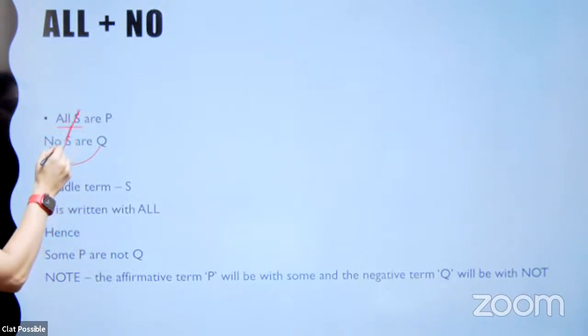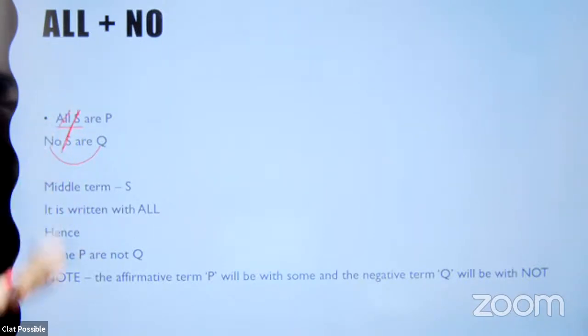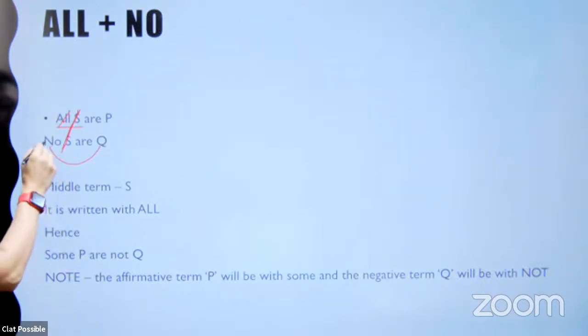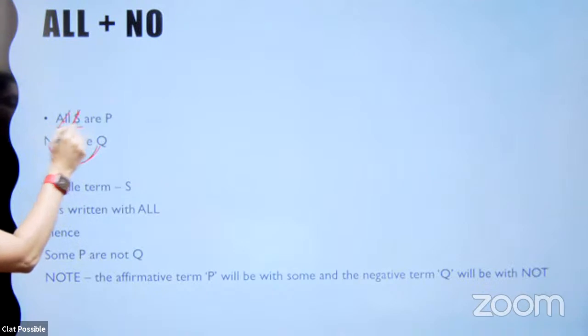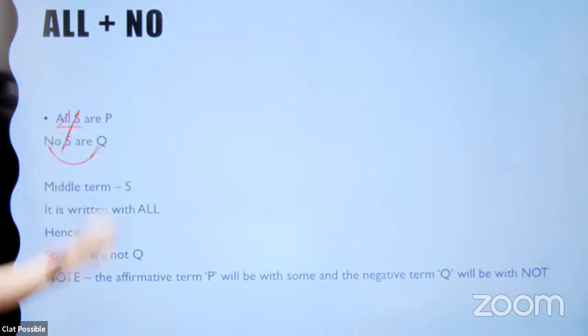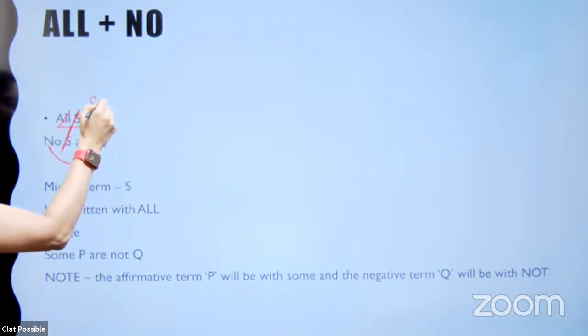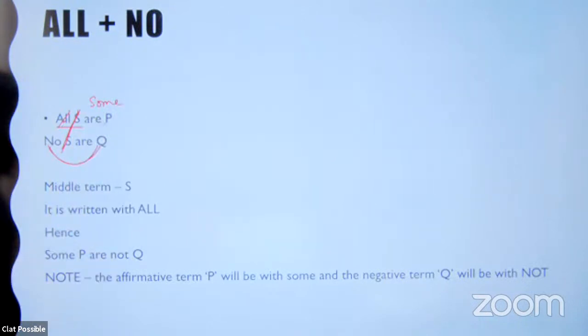Since the middle term gets cancelled, "all" also gets cancelled. Here, the "no" for S gets cancelled, but "no" remains for Q, but "all" does not remain for P, because for P we have to change it to "some". Now I cannot use "all" because the middle term is the subject of "all".